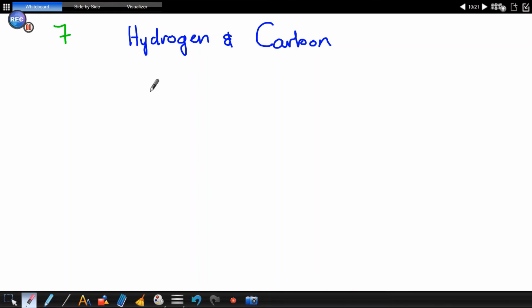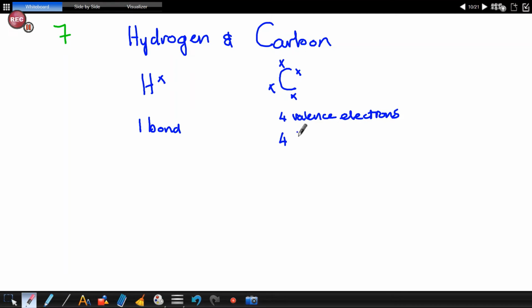Right? So the hydrogen story we know by now. We know it's got one valence electron, and we know it can form 1 bond. Carbon is the first time we're doing carbon. It's got 4 valence electrons. And if you put 1 valence electron on each of the 4 sides of carbon, you will be able to see that it can form 4 bonds.